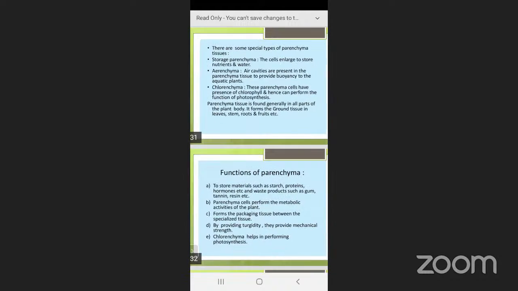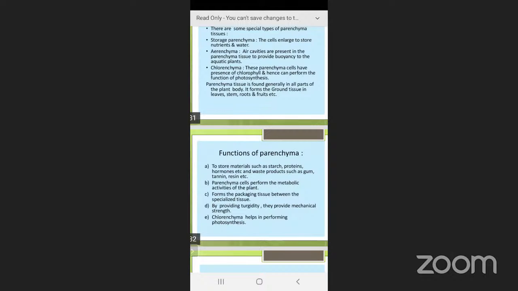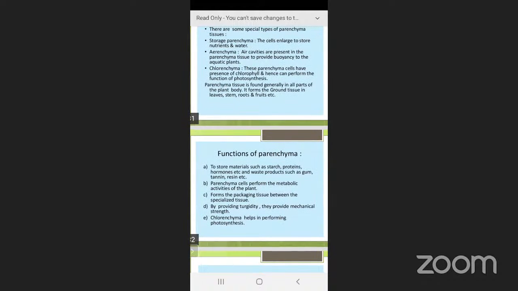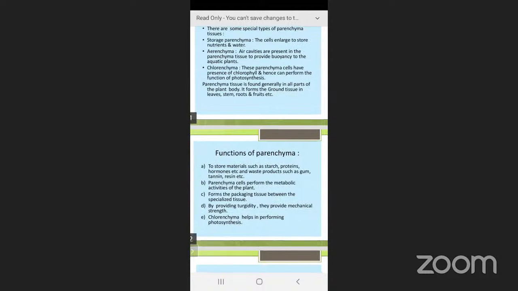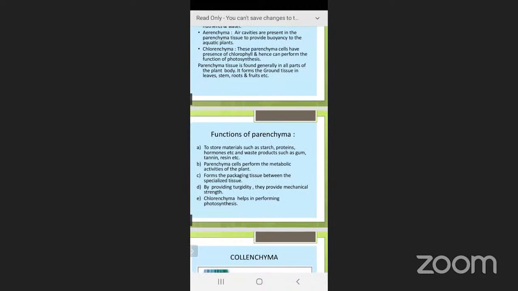The chlorenchyma cells have the presence of chlorophyll and hence can perform the function of photosynthesis. Parenchyma tissue is found generally in all parts of the plant body.